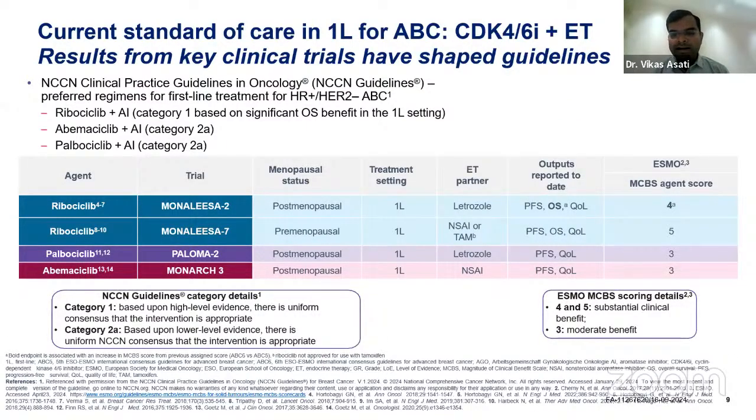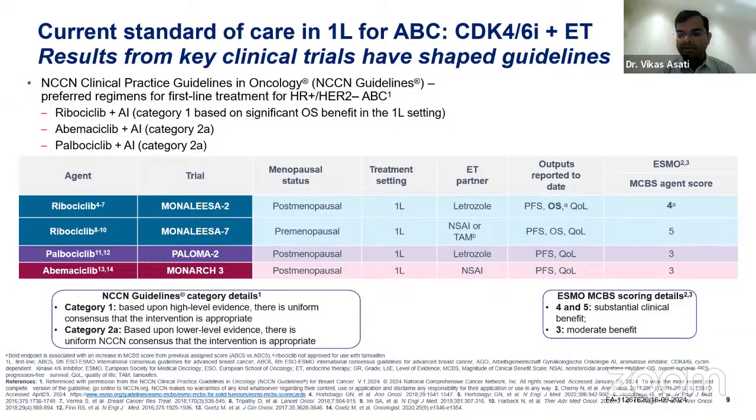Coming to the guidelines, if we see the ESMO guidelines, they always give some scoring, the ESMO MCBS scoring, between 3, 4, and 5. If you see ribociclib in postmenopausal and premenopausal patients, the score is 4 in postmenopausal and 5 in premenopausal patients.